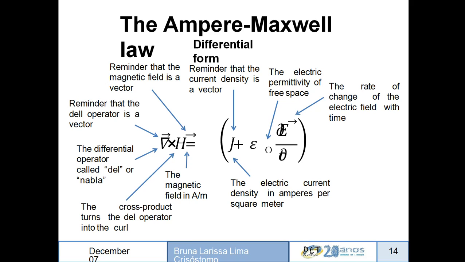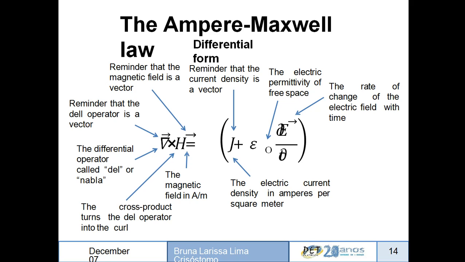As the total displacement coming out of a closed surface is equal to the net charge enclosed, we can write it in integral form as the surface integral of D dot dA, where D is equal to epsilon times E, epsilon being the dielectric constant of the medium and E the electric field strength.